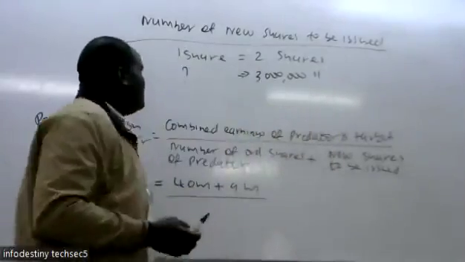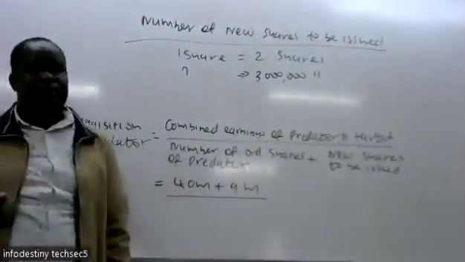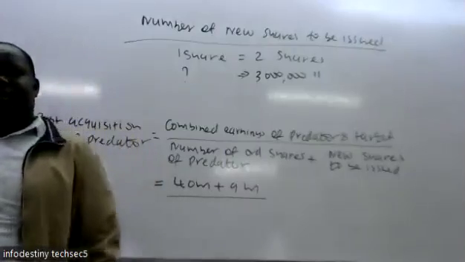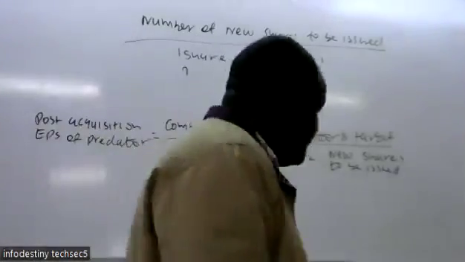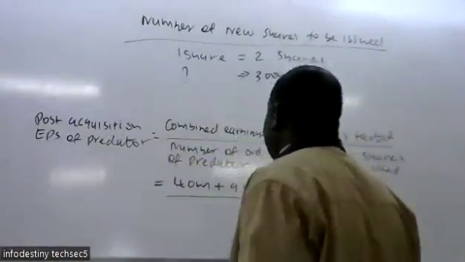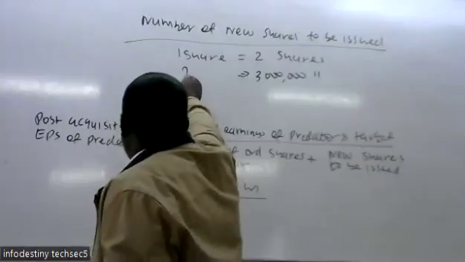So how many shares should be issued? We cross multiply to get the value for that.